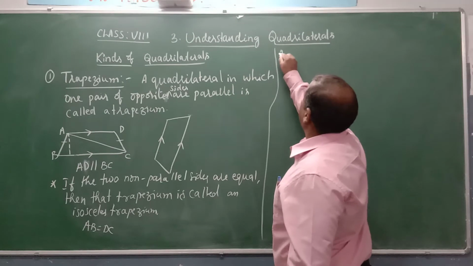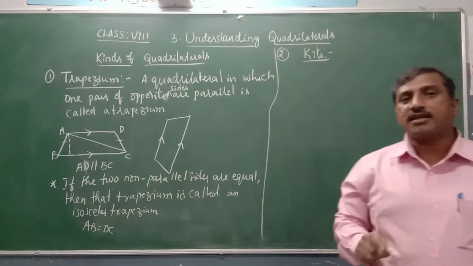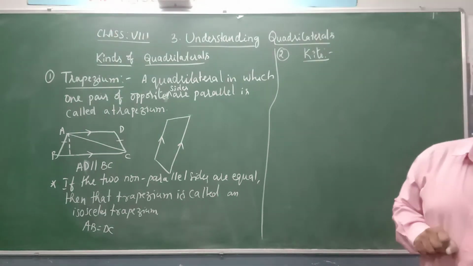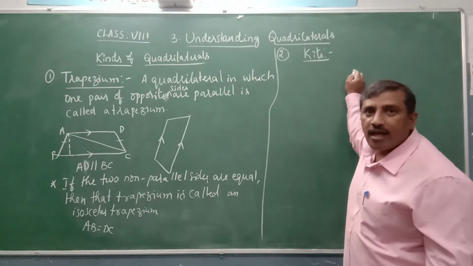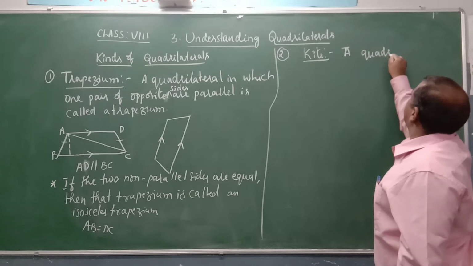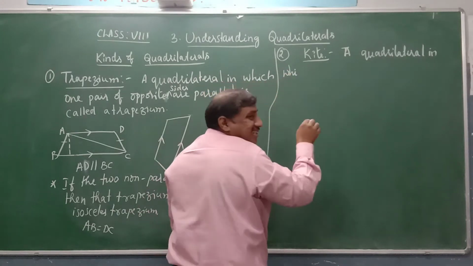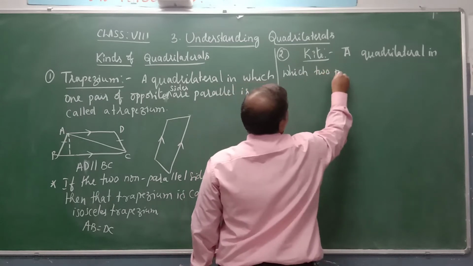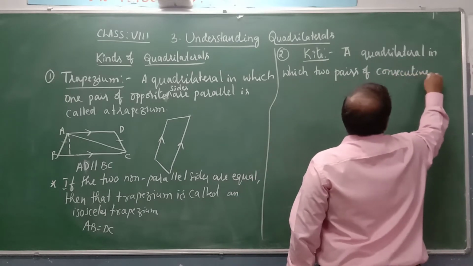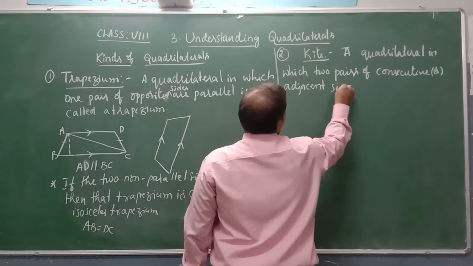The second type of quadrilateral is the kite. A kite is a quadrilateral in which two pairs of consecutive or adjacent sides are equal.